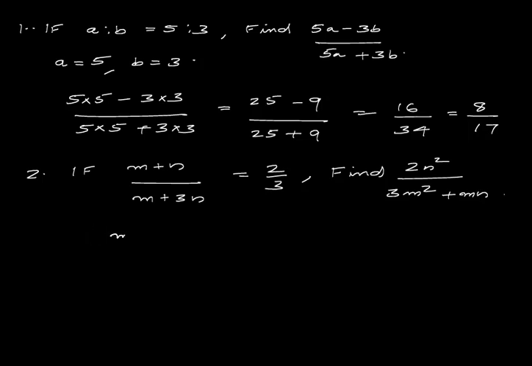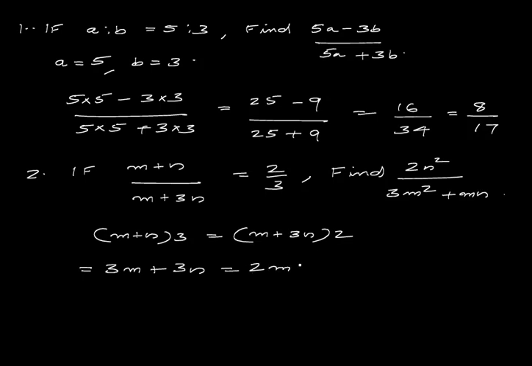That is, m plus n into 3 is equal to m plus 3n into 2. That is equal to 3 into m, 3m plus 3n, is equal to 2m plus 6n. We can equate these like terms on the left and right hand side of the equal to sign.